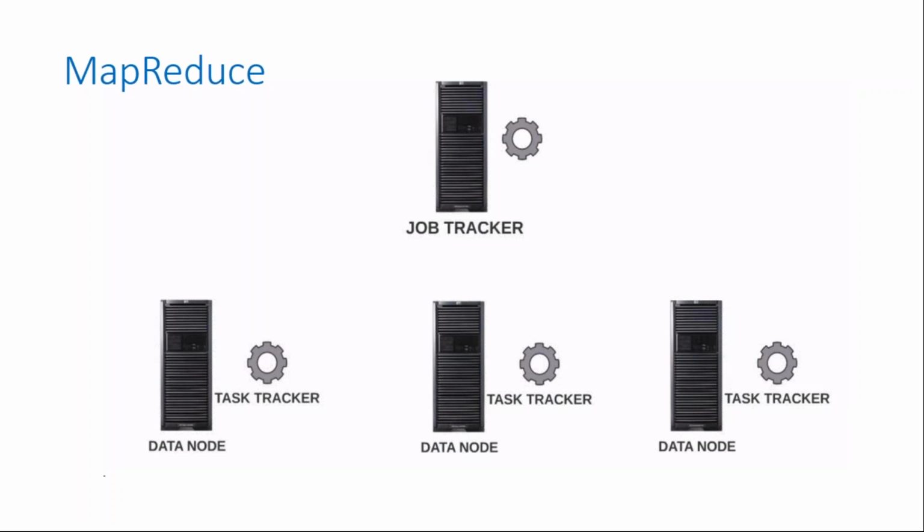if the task tracker is already running a few tasks. Say its maximum number of tasks is 10, and it is already running 4 tasks. That means it still has 6 slots left. It can still allocate another 6 tasks.